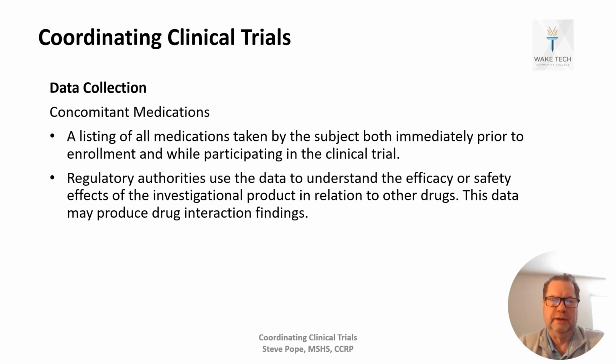So you may see this listed as both prior and current concomitant medications. So this is a listing of all the meds that the subject is taking. Regulatory authorities use this data to understand the efficacy and safety effects of the investigational product in relationship to other drugs. So it's very important that you get this data as accurate as possible.